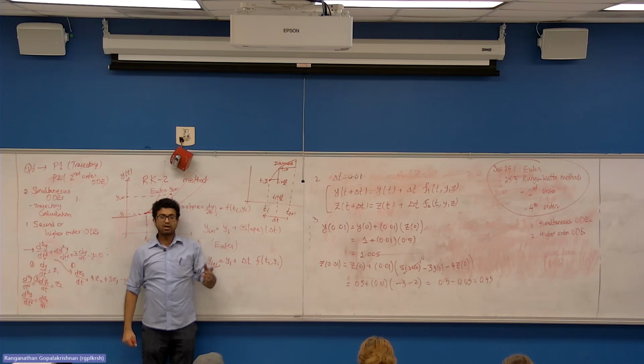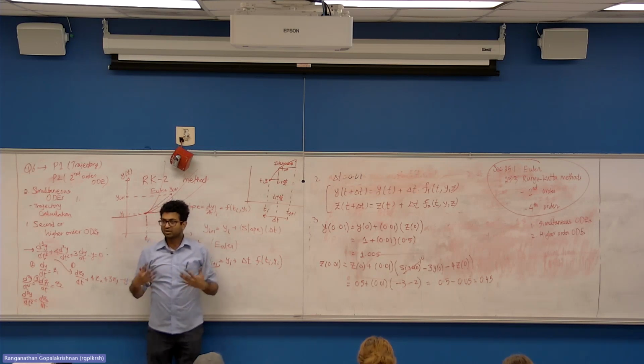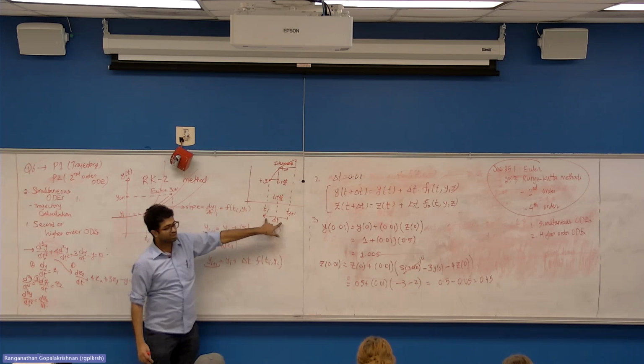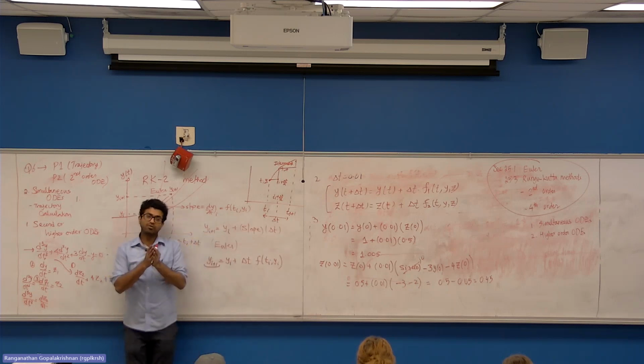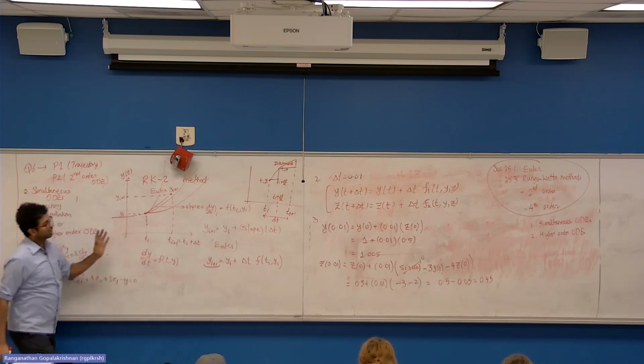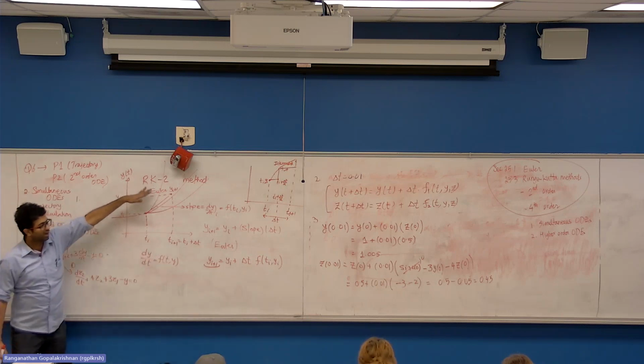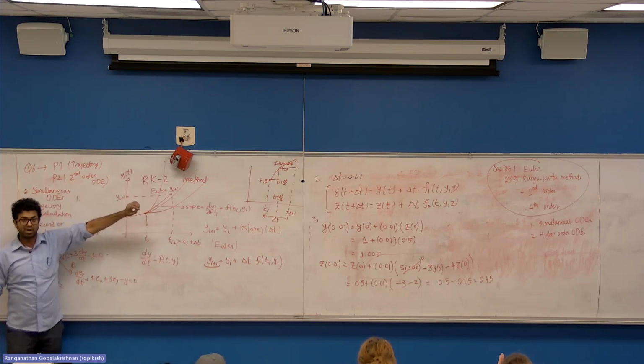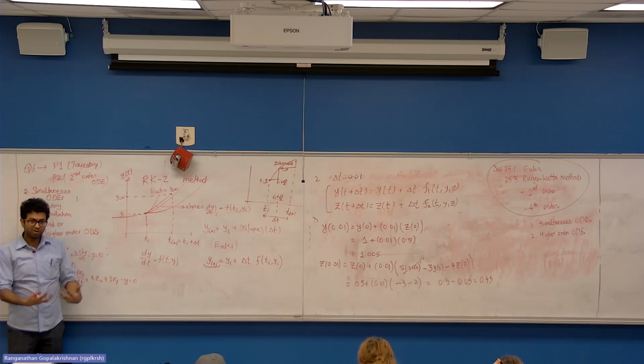So it's not necessarily more complicated in concepts. It's just a better way of chopping up this interval and thinking of a greater number of finer approximations of the slope to get you a better average in the end. So you can go through the derivation of how RK4 or RK2 comes about, but I've tried to explain that to you intuitively, from the gut, instead of trying to do this with Taylor series and math.